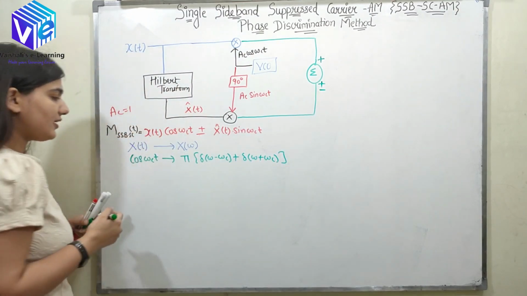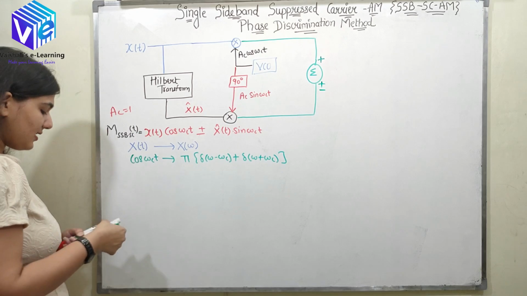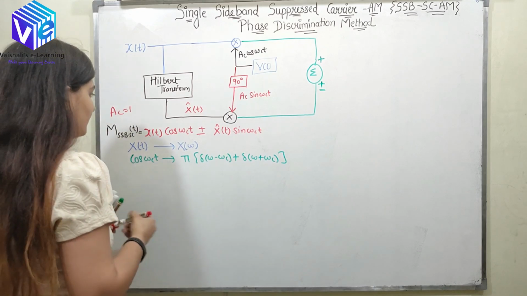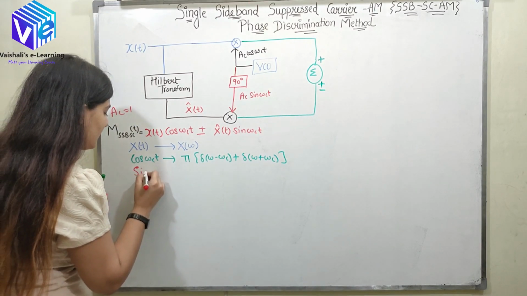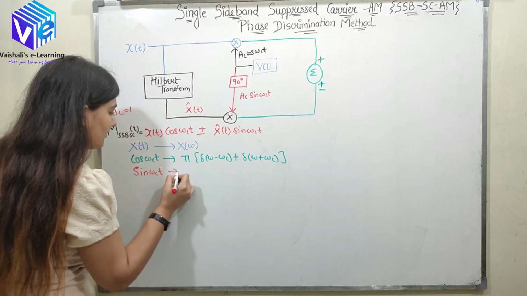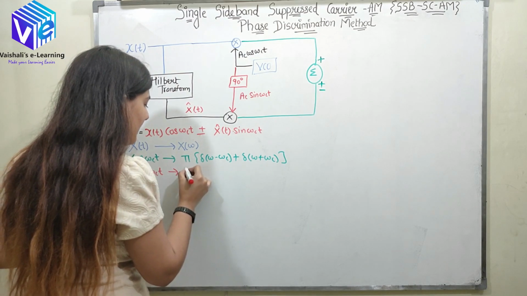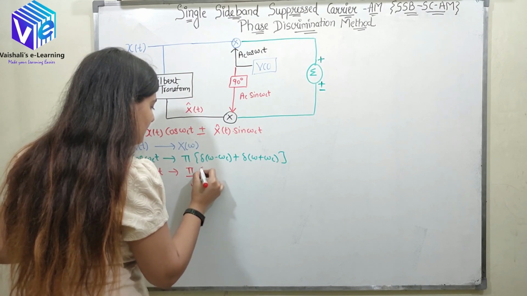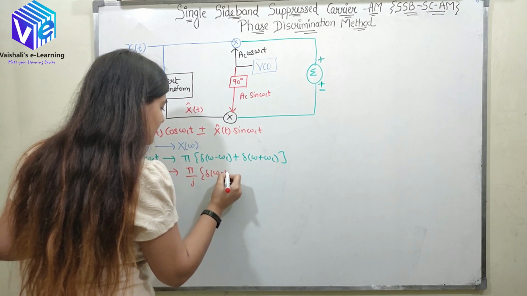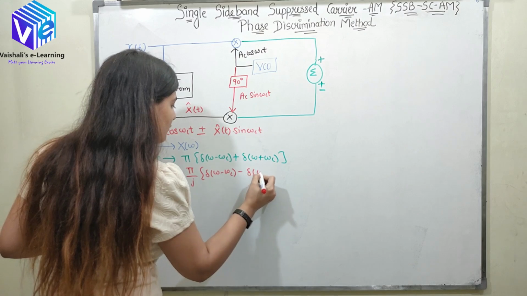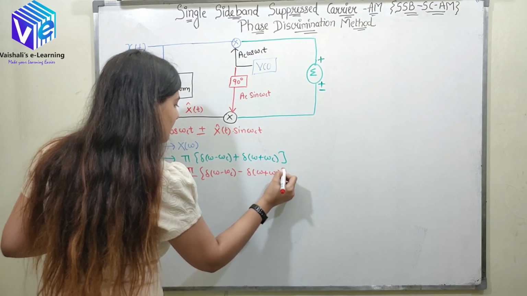Similarly, I can find the Fourier transform of sin omega ct, which is represented by pi by j times delta of omega minus omega c minus delta of omega plus omega c.